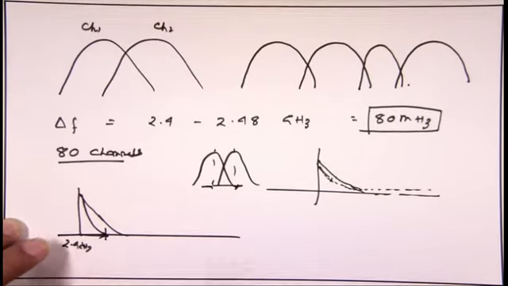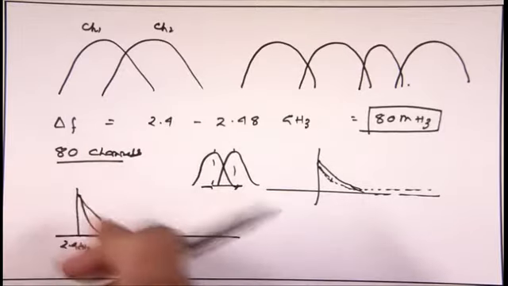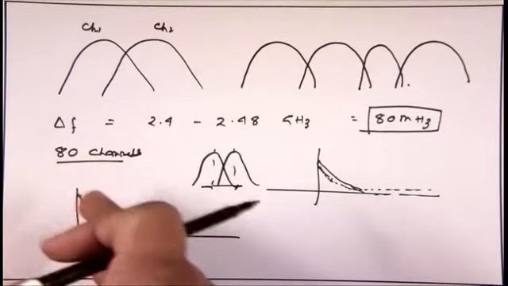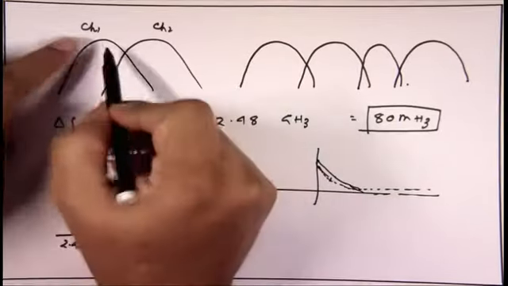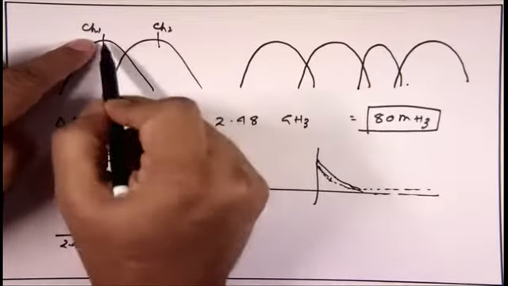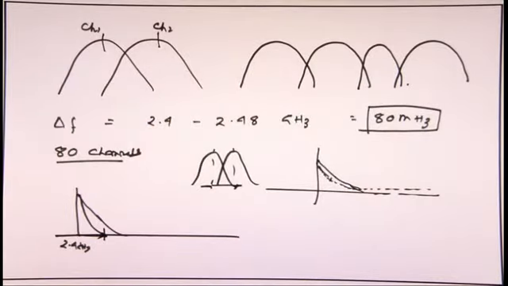Within say 100 kilohertz offset, within 1 megahertz, if my 1 by f noise or phase noise drops, then I will be happy. Within this channel spacing of 1 megahertz, if my noise drops to say 10% of the max value, then I can have better confidence in my channel resolution.